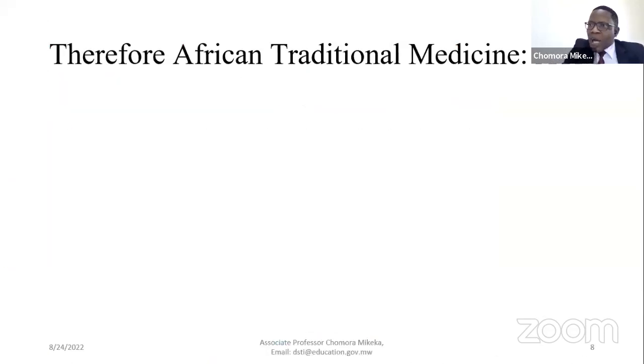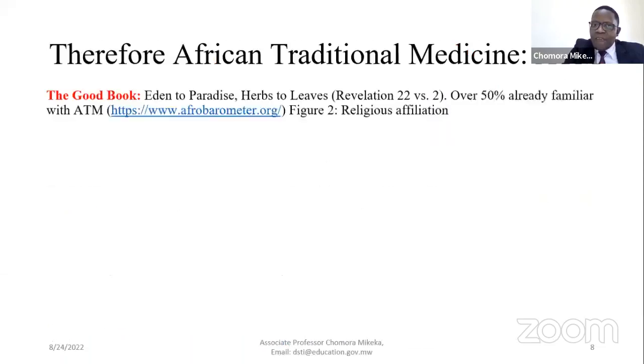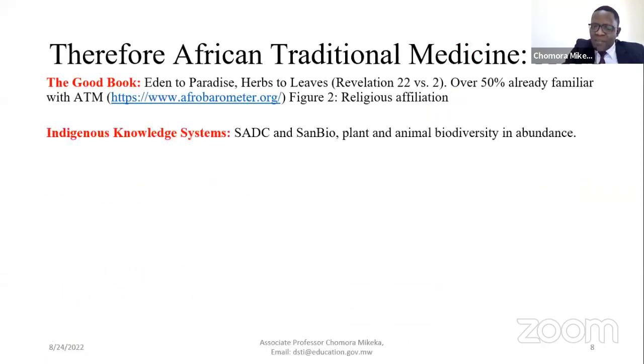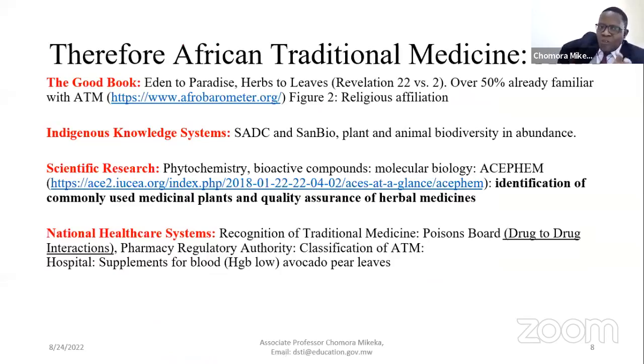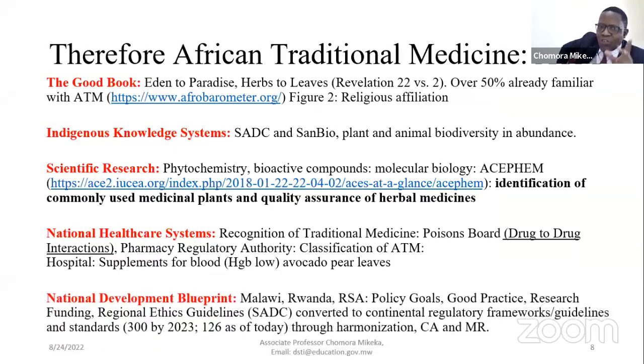I am proposing that therefore African traditional medicine, because the good book talks of the use of herbs from Eden to paradise. In that text, it says the leaves of the trees shall be for the medicine of the nations, okay?